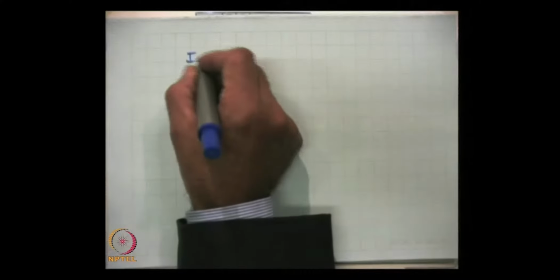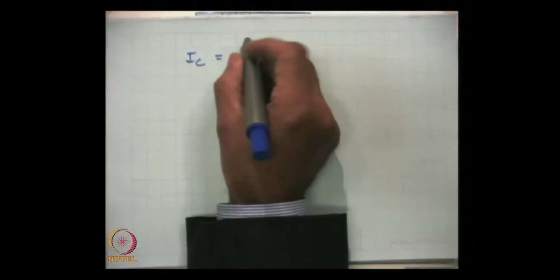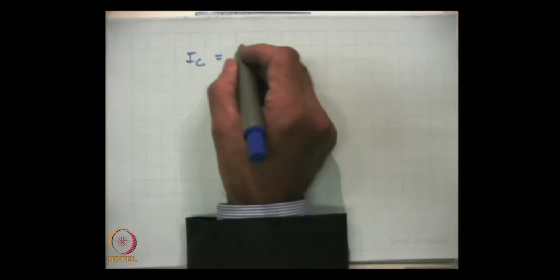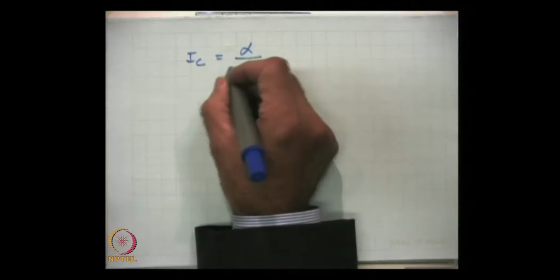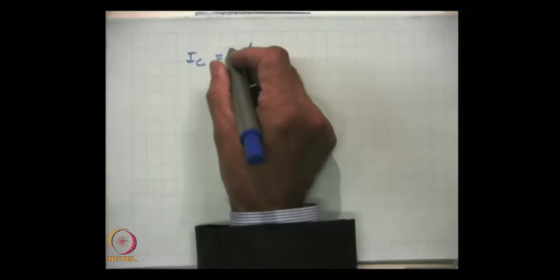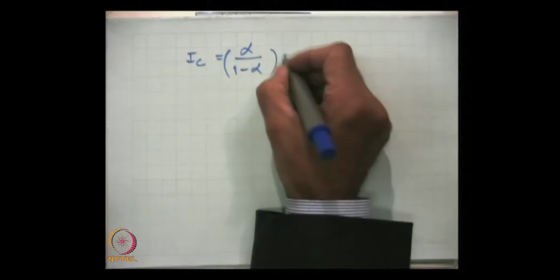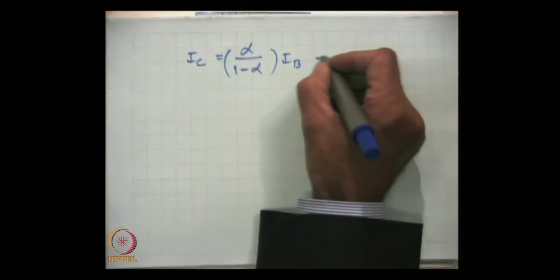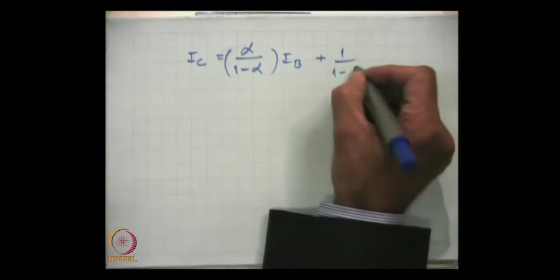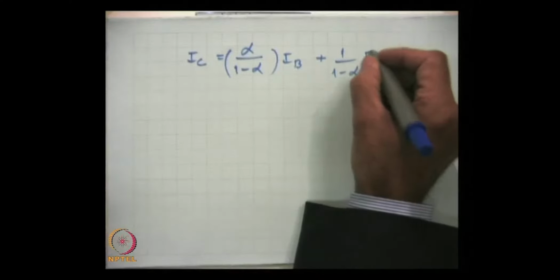in this form. IC is equal to alpha by 1 minus alpha IB plus 1 minus alpha ICBO.